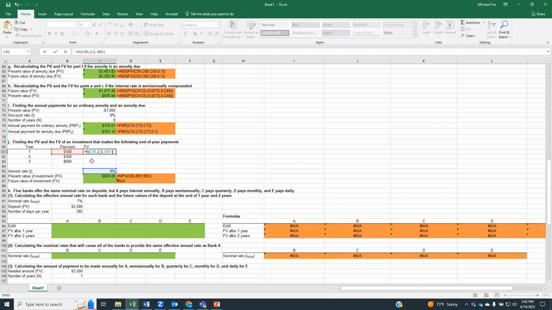We could also accomplish the same way. I guess I should have done it like I've done all the other ones. In fact, I will. So that was one way, or we could say absolute value of the future value of this rate, comma, 2 periods, payment of 0, and a present value of $100.